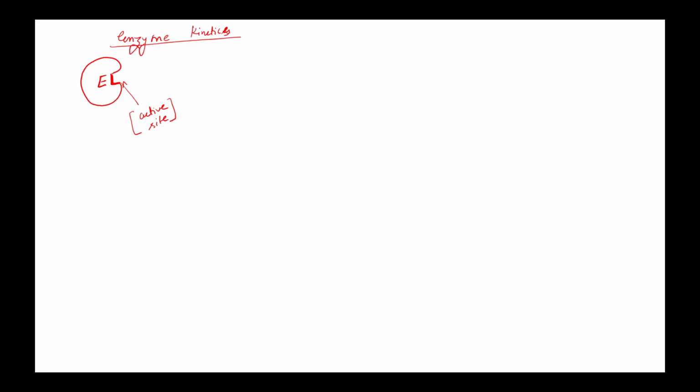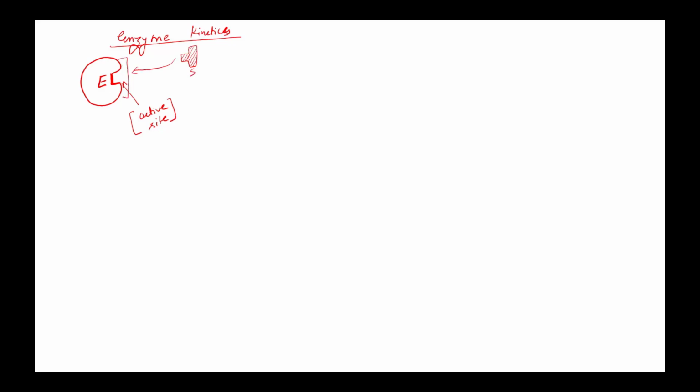So both are theories, but basically there is an active site where the substrate will come and bind to the enzyme. Suppose this is my active site, and I have a substrate. This is my substrate which can go and bind to this enzyme.